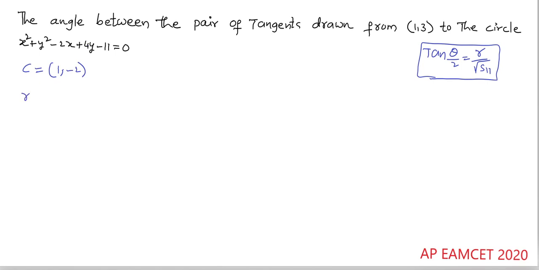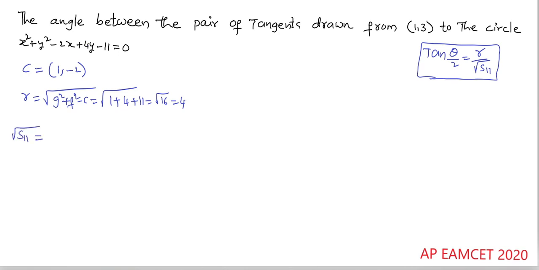And the radius r is equal to square root of g square + f square - c. Under root of g square, that is 1 square, 1, plus f square, 2 square, that is 4, plus 11, that is root 16, which is equal to 4. And we find root S11.